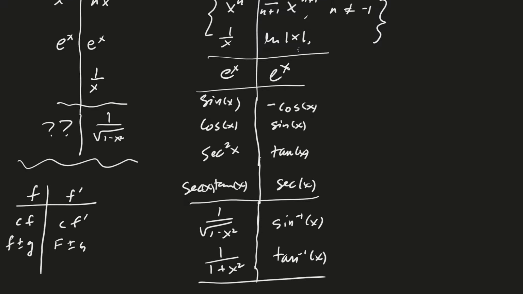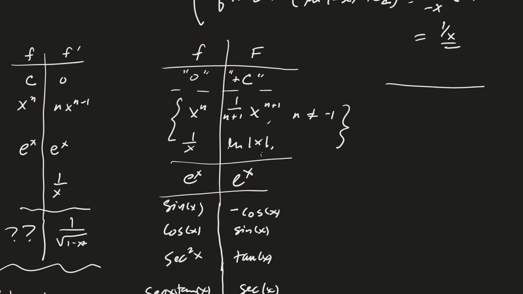So over here we should also write, for generic functions, if I have a constant times a function, the antiderivative is a constant times the antiderivative. And to anti-differentiate a sum or difference, we take the sum or difference of the antiderivatives.